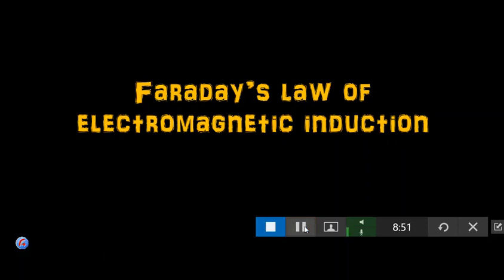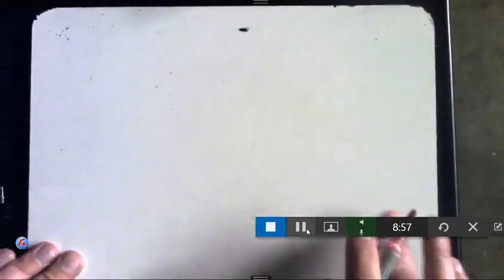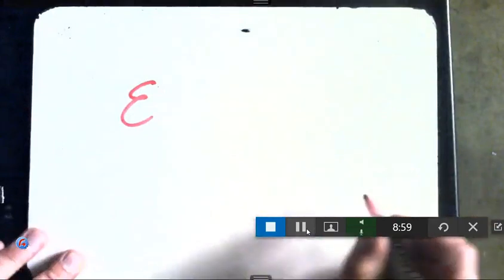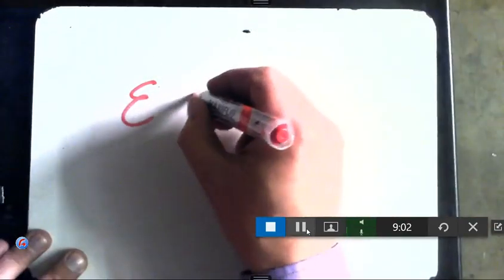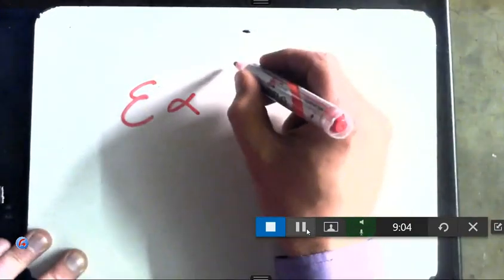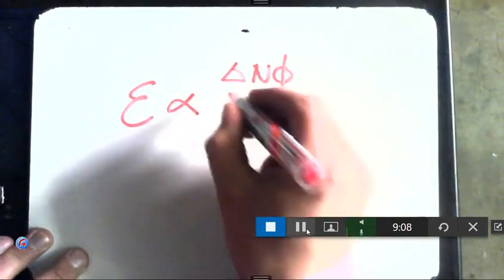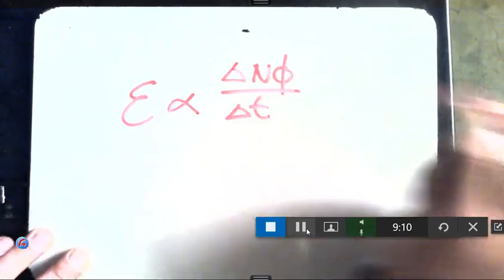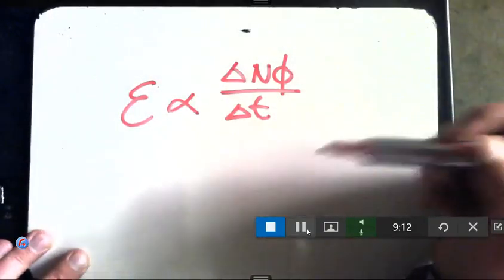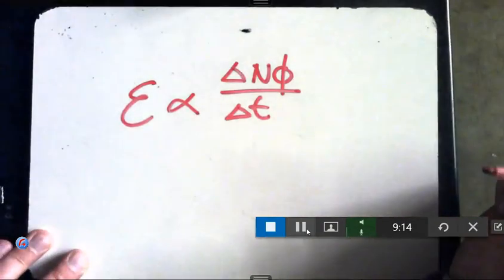Next, we will be looking at Faraday's law of electromagnetic induction. Now, Faraday's law simply says that the EMF that is induced is directly proportional to the change in magnetic flux linkage over time, or the rate of change of the magnetic flux linkage.